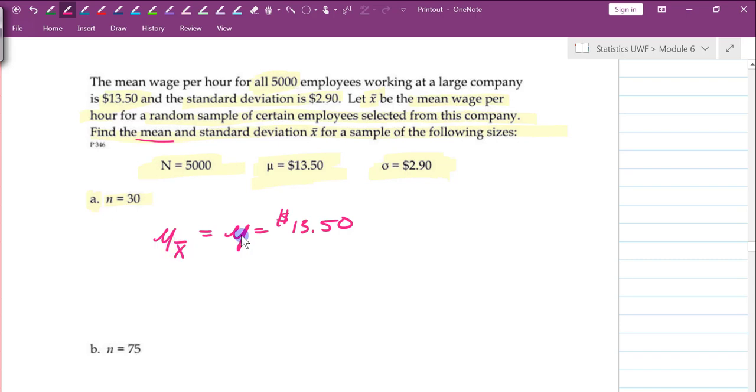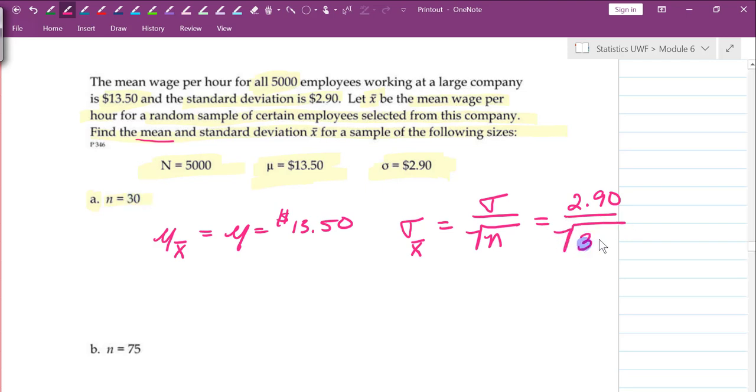Now, the next part is what's the standard deviation of X bar. That's going to be written just like this. So it's sigma sub X bar, and that formula is equal to sigma divided by the square root of n. What is sigma? It's $2.95 divided by the square root of n. N in this case is 30.